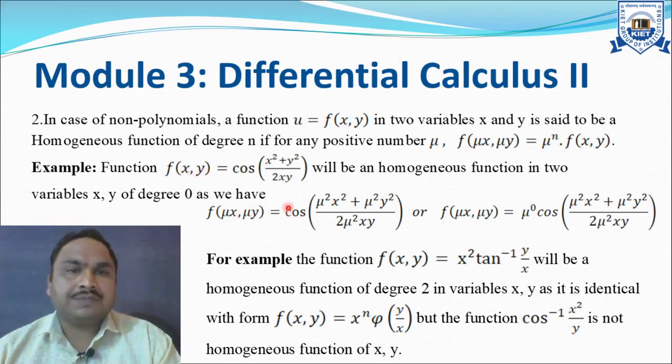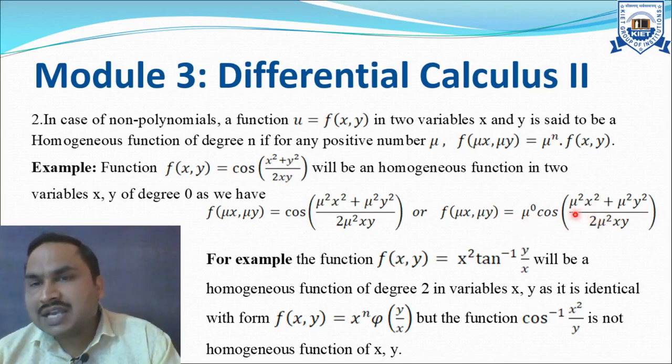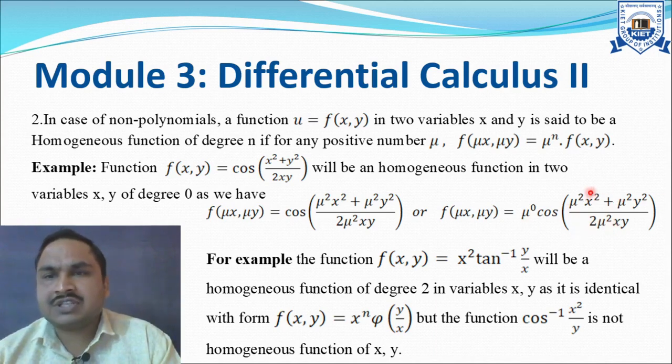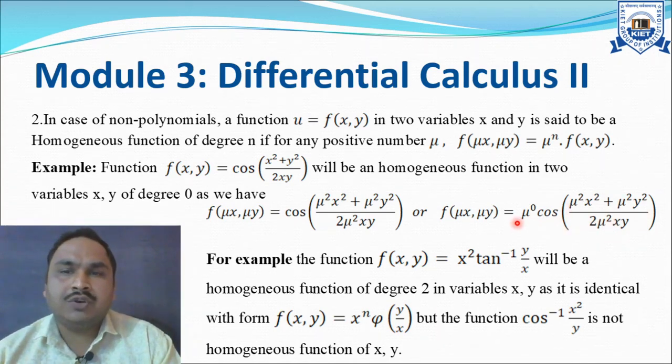We get μ²x² and μ²y² in the numerator, and in the denominator 2μ²xy. Here μ² cancels out, so there is no power of μ inside the function, and only μ^0 is outside the cosine function.